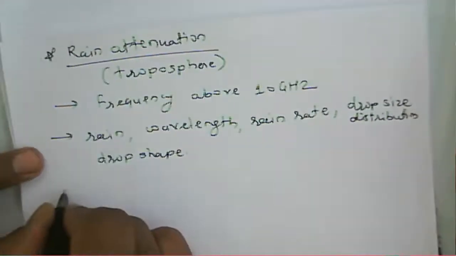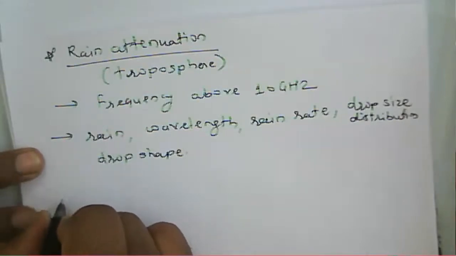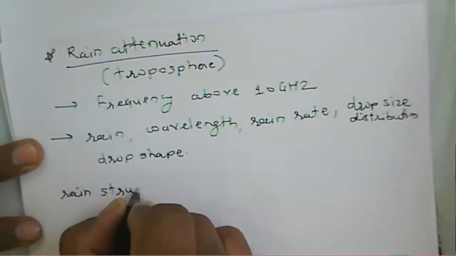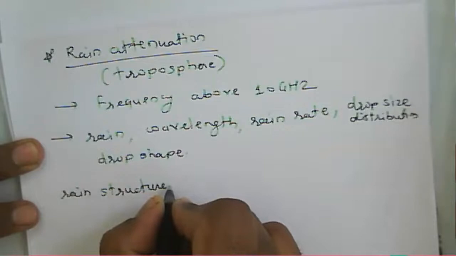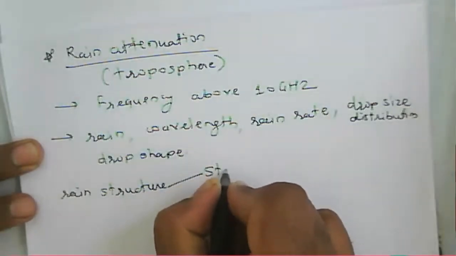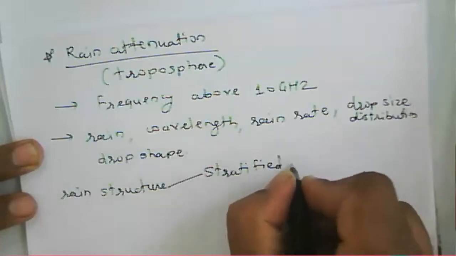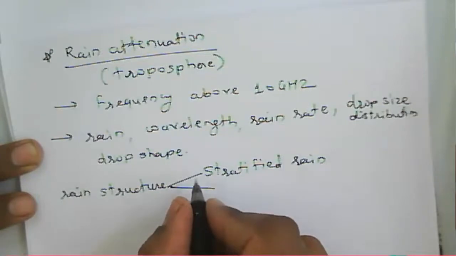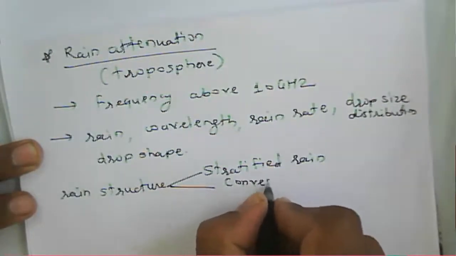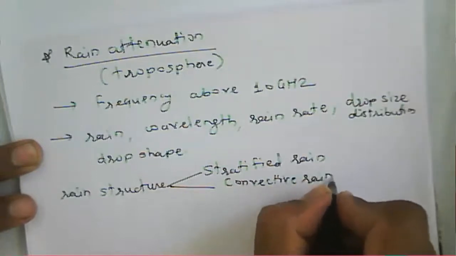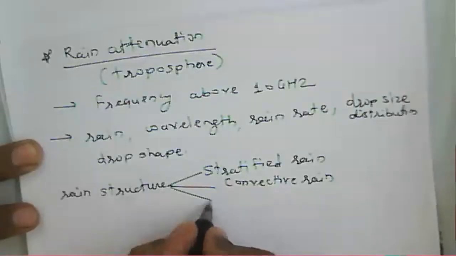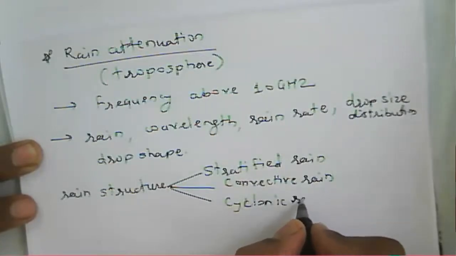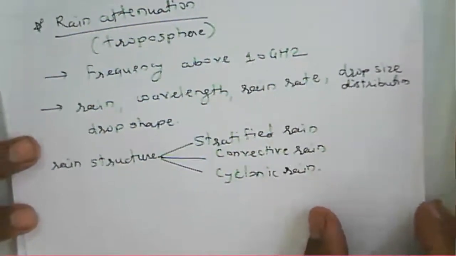So generally, if you consider that there are various structures of rain, we can say the rain structure is about stratified rain. Then we have convective rain, and we have cyclonic rain or a cyclonic storm.